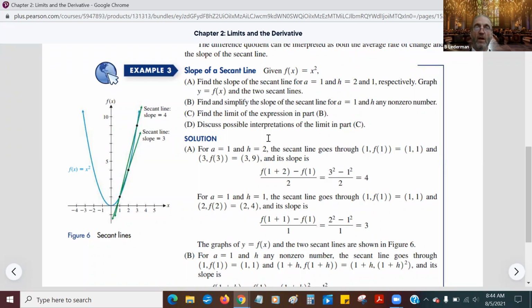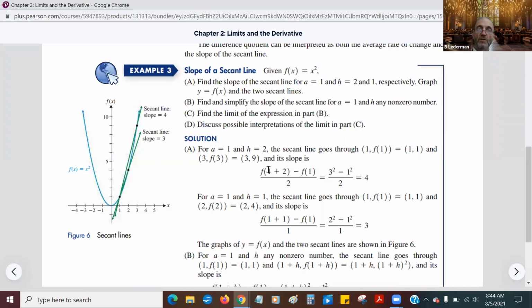So if a equals 1 and h equals 2, it'll be 1 comma f of 1, and that comes out to be 1, 1. And then 3 comma f of 3. F of 3 winds up being 9 because the function just squares. So 1 squared is 1, and 3 squared is 9. That was easy enough.